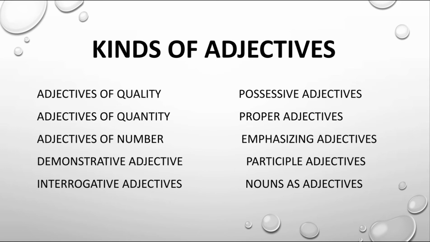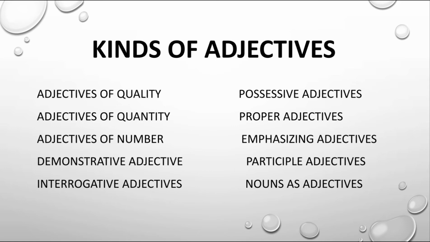Now, first I will tell you about the adjectives of quality. They qualify or describe an object by telling us of what quality or what sort or in what state the object is.